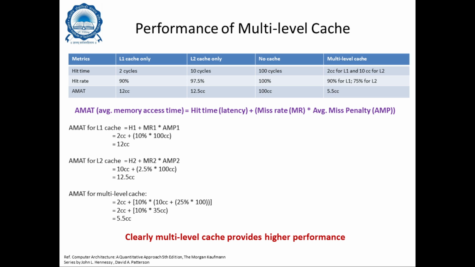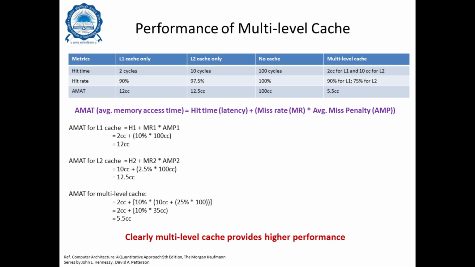So now let's see how to calculate this average memory access time. So EMAT for L1 cache is equal to the hit time for L1 cache plus miss rate of L1 cache times the average miss penalty of L1 cache. So the hit time for L1 cache is given as 2 cycles, okay, we have these 2 cycles given here, plus the miss rate is given as 10% because the hit rate is 90%, so miss rate will be 10% multiplied with the average miss penalty.